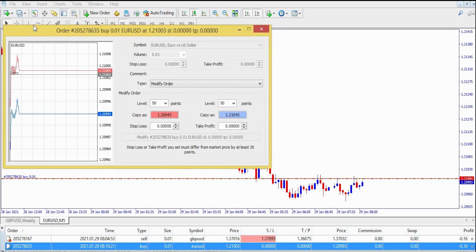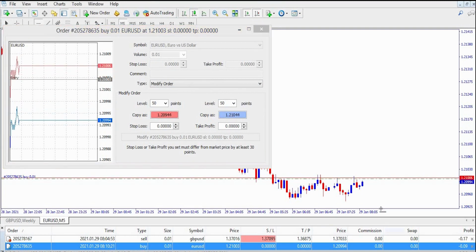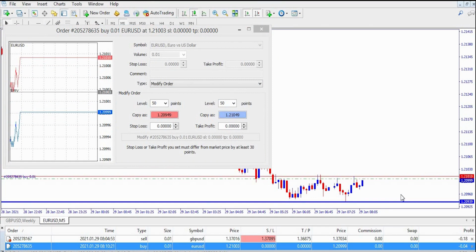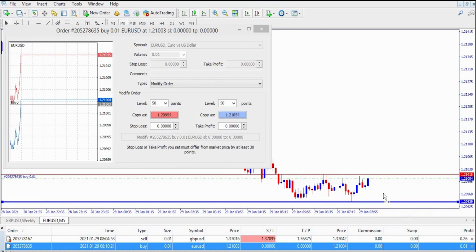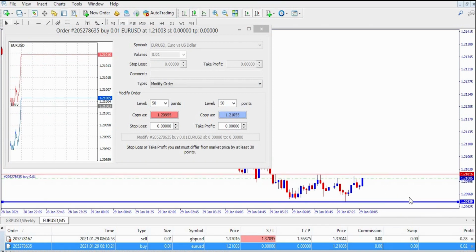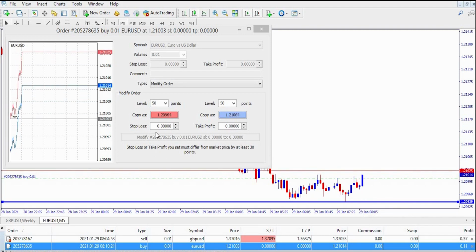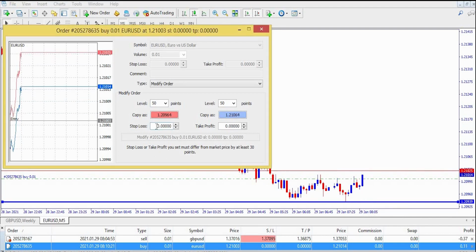And also I need my horizontal line to do that. So I could place it at this point. Remember I said if you're buying, your stop loss has to be below. So if the market goes below this point, I am expecting the market to keep going down. So for the stop loss, I input the figure 1.20939.